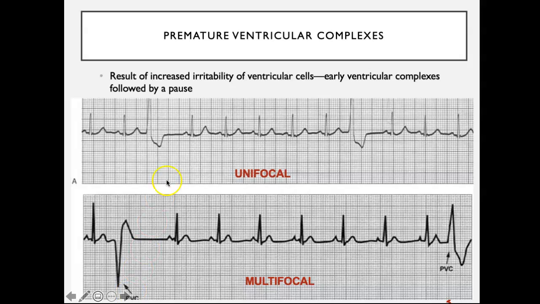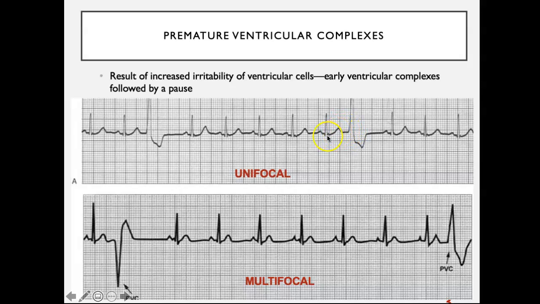So if you look at this top rhythm, it looks almost like a nice PQRST, you're going right along, and then you get this big wide complex. So this is the ventricles when they have an impulse all by themselves. When they do that premature ventricular complex, they charge off all by themselves. It's usually a wide complex, and there's no preceding P wave.